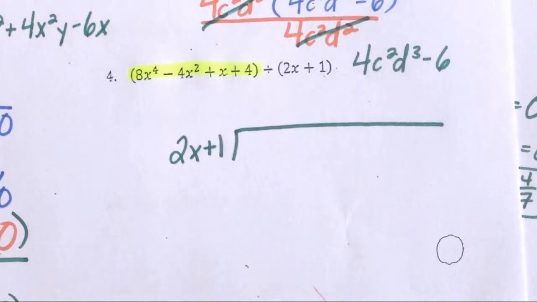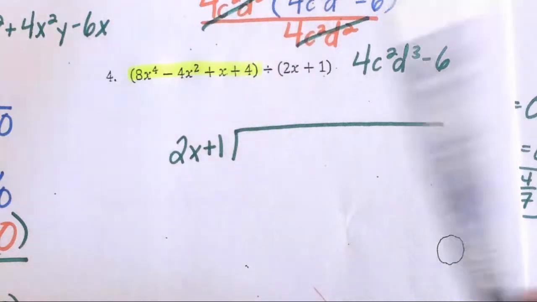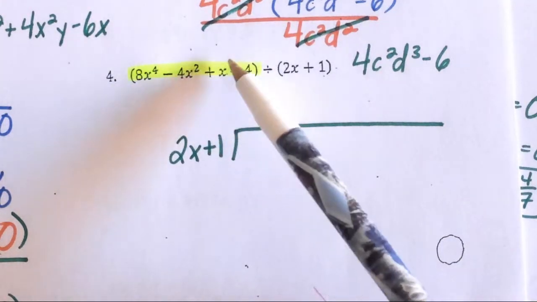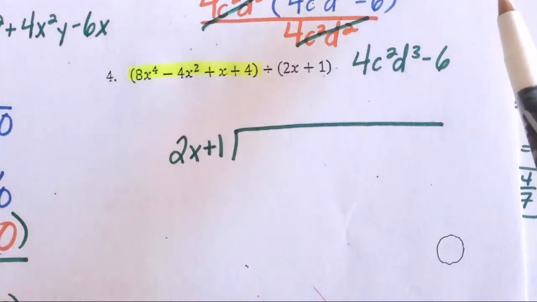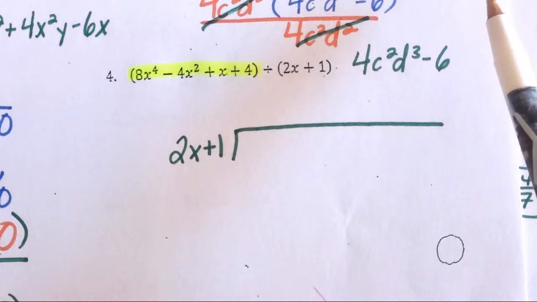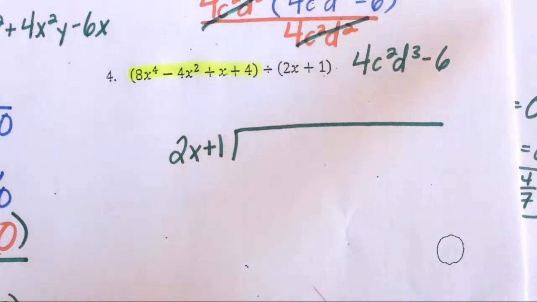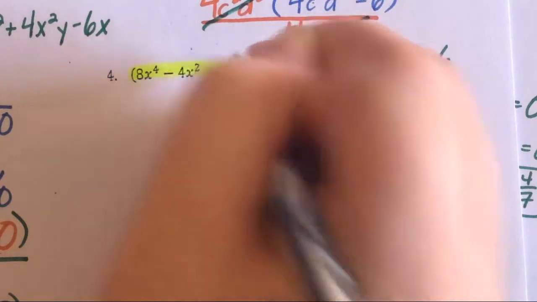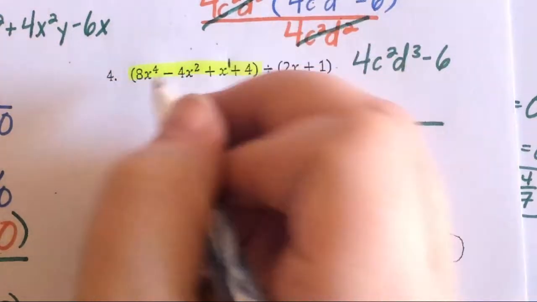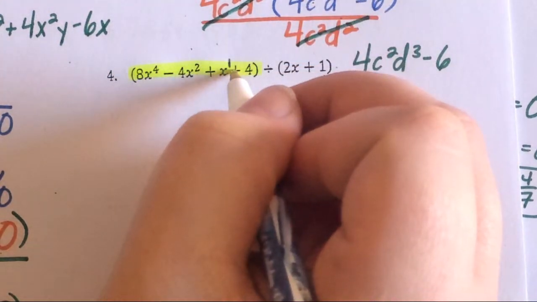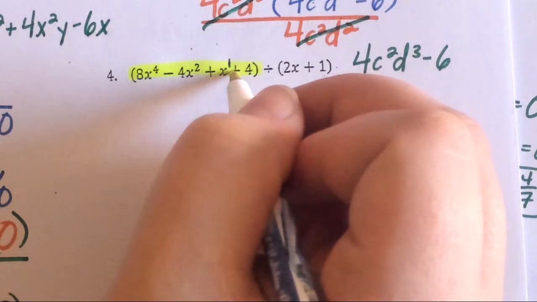What is missing? Look at the exponents. Which one's missing? X to the what? 3. I see a 4. I see a 2. I see 4, 2, 1, right? Where's the 3? There isn't a 3.